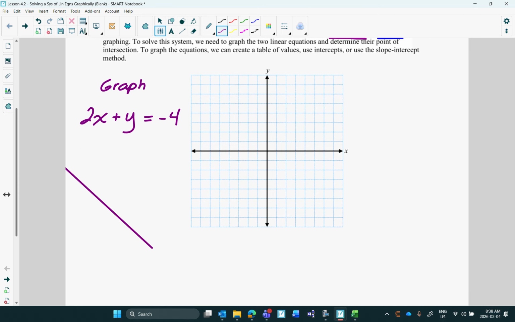When an equation looks like this, you can use table of values, you can use slope intercept, but then you're going to have to solve for y first. You're going to have to get y by itself, which you can do. Okay? But let's do this one just for some practice using the intercepts.